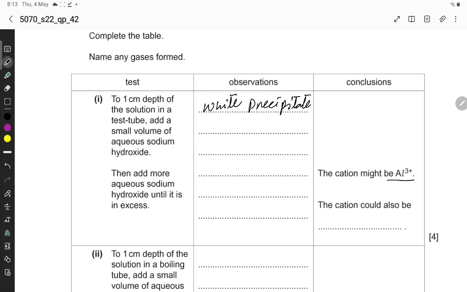Then add more aqueous sodium hydroxide until it is in excess. The white precipitate dissolves.